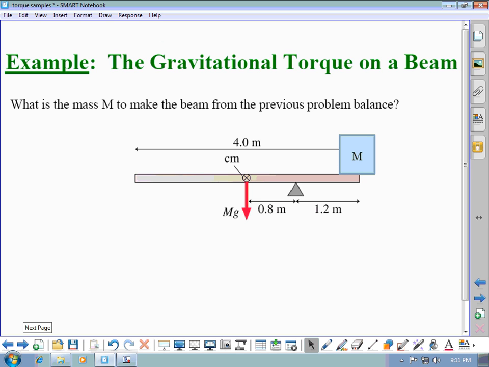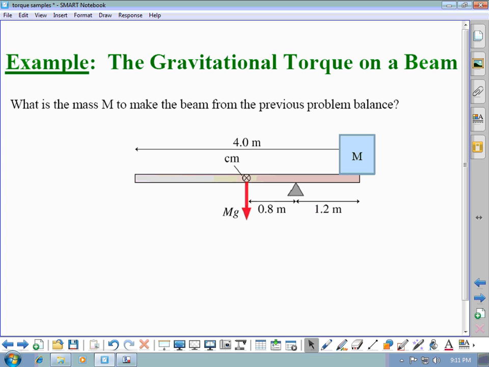In this next problem, we have the same beam, but now we want to keep it balanced. So in that last problem, that torque would have caused an angular acceleration. It would have caused it to rotate around its end. In fact, we could go through and calculate what that acceleration is. In this one, we want the beam to be balanced. And so to do that, I want to figure out what the mass needed to balance this object is.